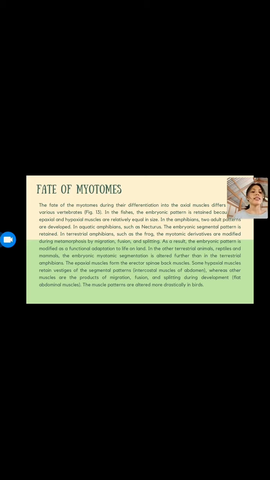Some hypaxial muscles retain vestiges of the segmental pattern, such as the intercostal muscles of the abdomen, whereas other muscles are the products of migration, fusion, and splitting during development. Flat abdominal muscles. The muscle pattern is altered more drastically in birds.